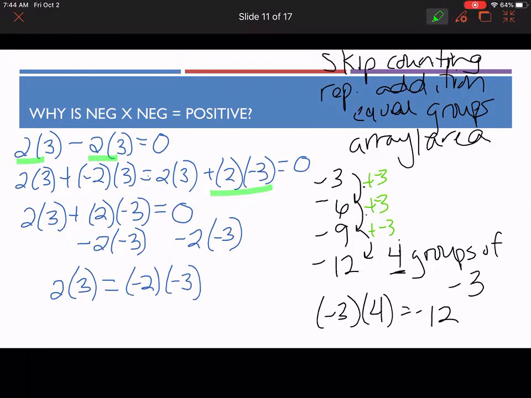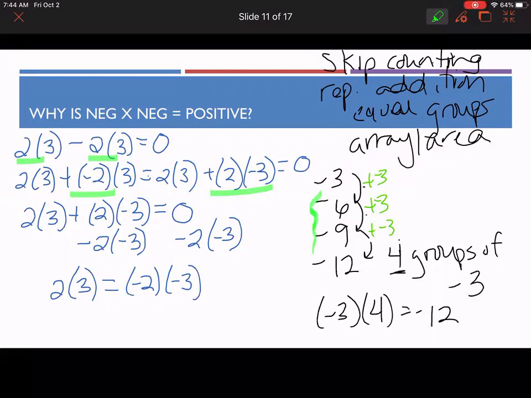Or again, you can do it this way, the negative 2 times the positive 3. Either way you write it, it's the same outcome. I just wanted to use the negative 3 since we started with the negatives over here.